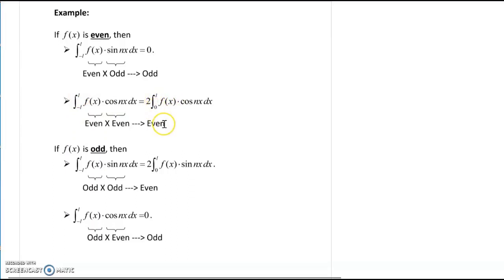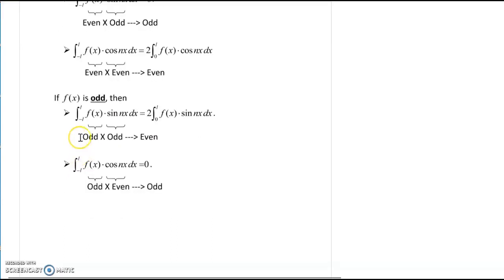It is easier to take the positive part, but if you prefer to take the negative part, that's okay. Then it can also be written as the integral from negative L to 0. You can do that as well, as long as you take only one part. But we need to have 2 in the front because we have to multiply by 2 to get back the whole part.